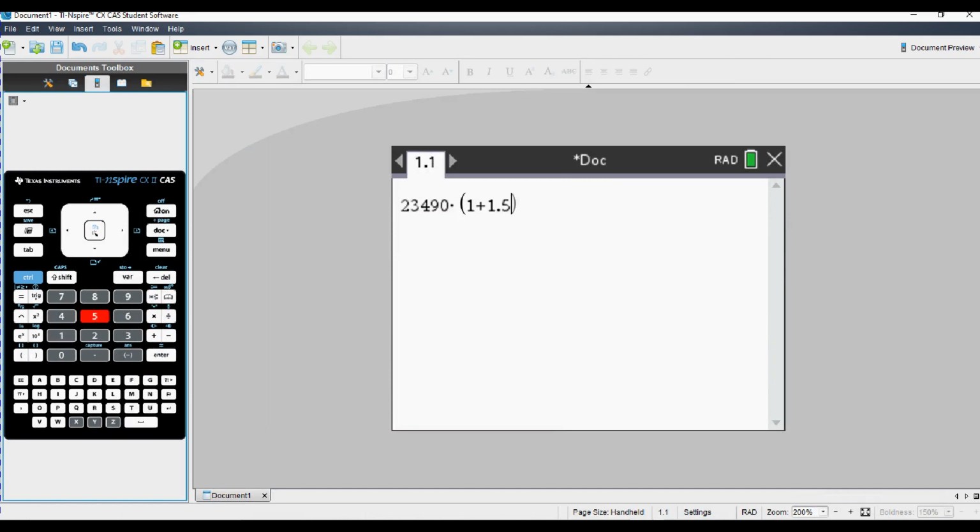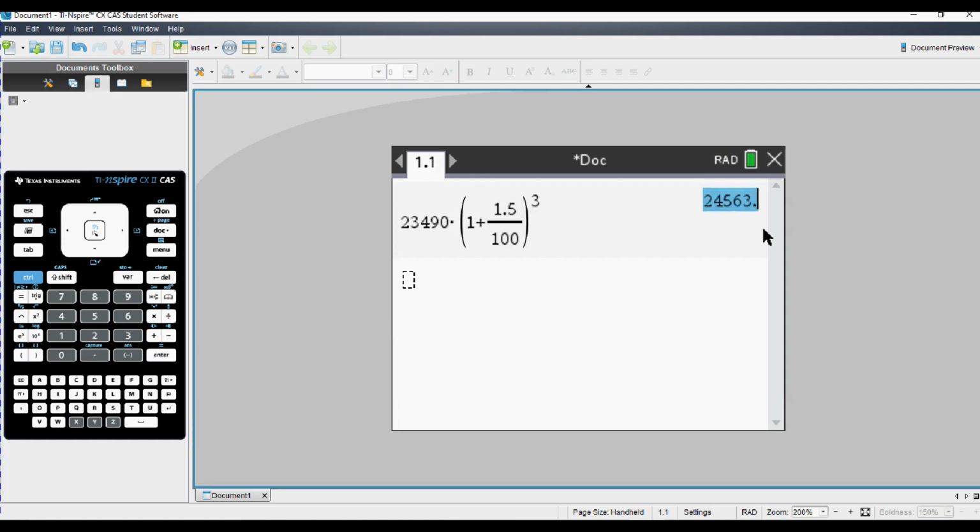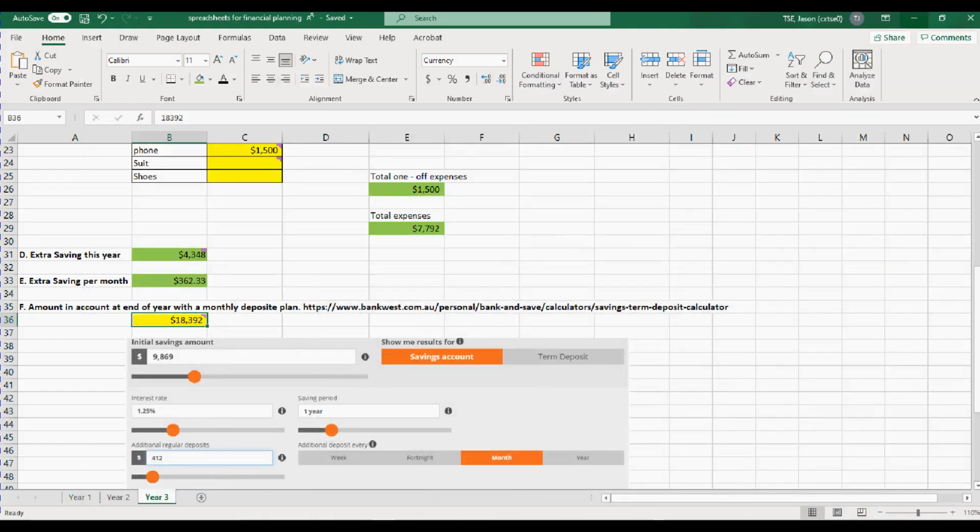Remember, in some of your calculators you don't have that percentage sign, so you might just divide by 100. And we go to the power, that's power 3, right? So that would be the amount, 24563 after 3 years.